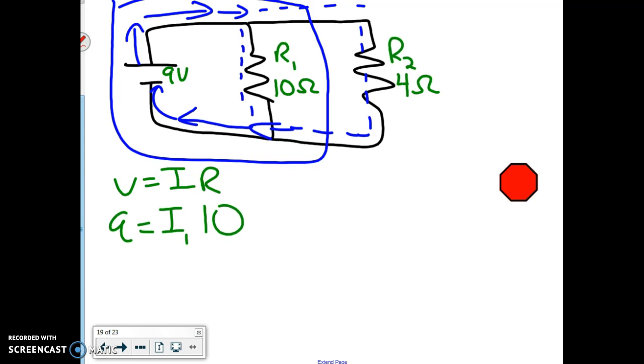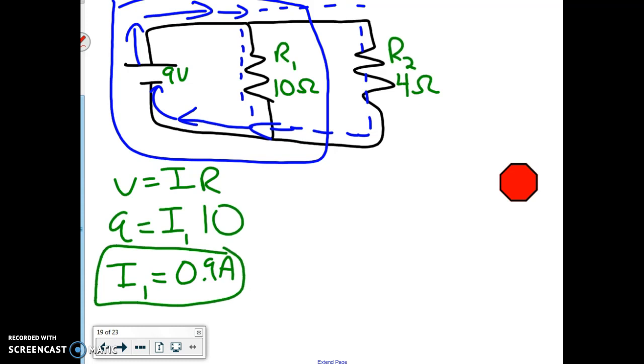Because we're looking at just this particular resistor first, we get a current in this particular branch that's 0.9 amps.